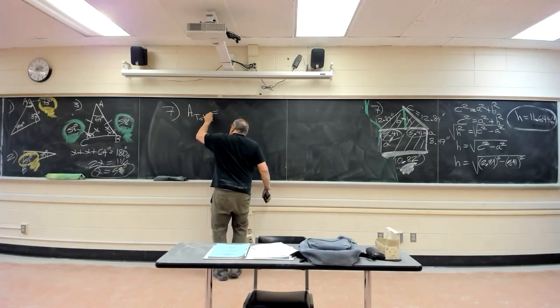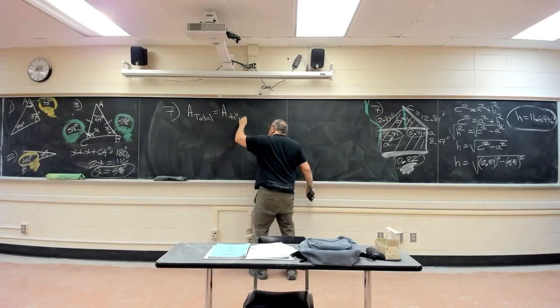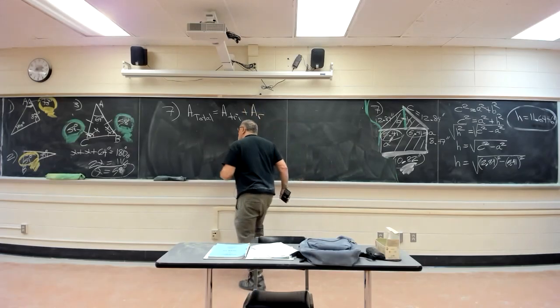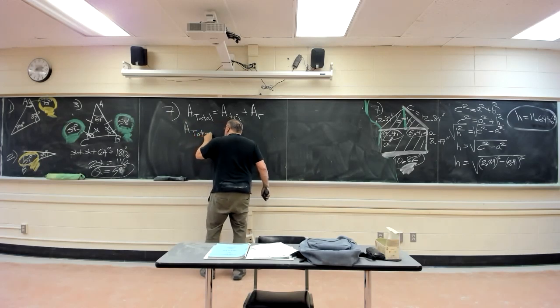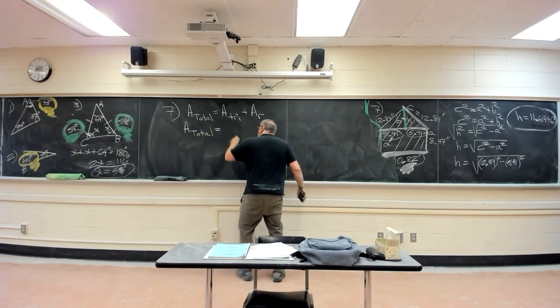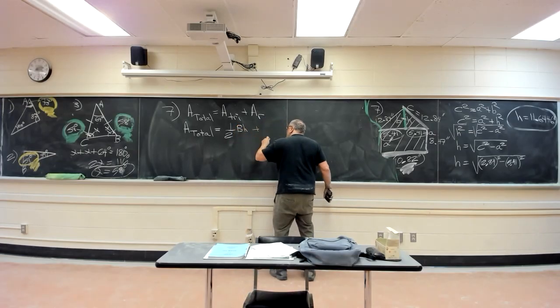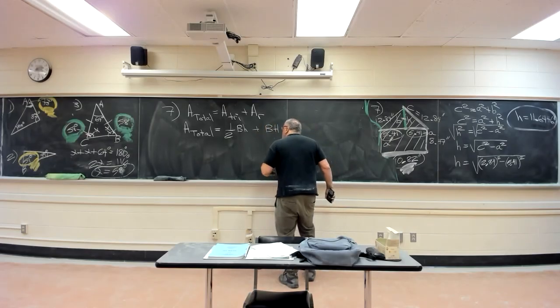Total area is going to be the area of the triangle plus the area of the rectangle. So the area total is going to be 1/2 base times the height for the triangle, and base times the other height for the rectangle.